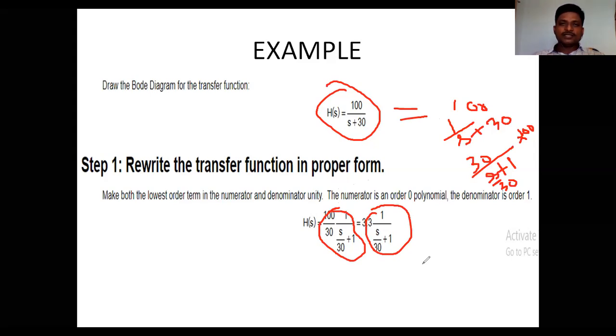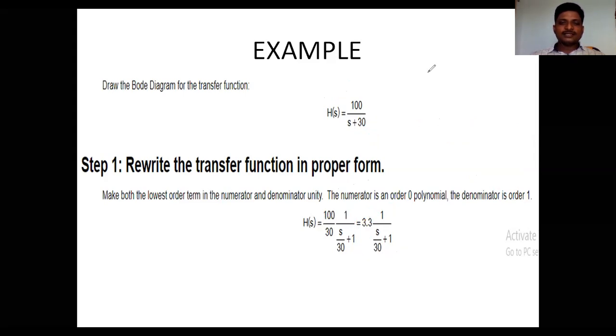If the given function is in the standard form, you don't have to change it. If it is not in the standard form, you have to change it. In this example, the given function is not in standard form, so you have to change it. Standard form means we have to convert this 100 by s plus 30 into a standard form like some k by st plus 1.